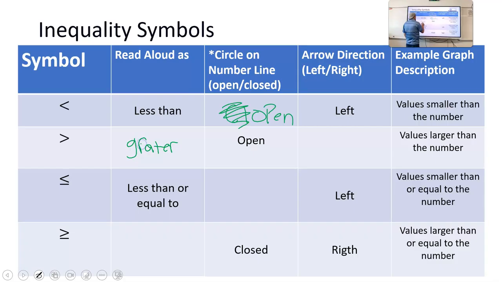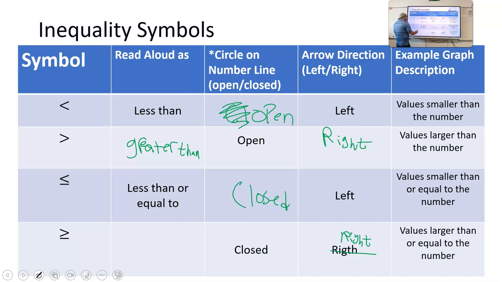Wow, if I can spell. There we go. Greater than. There's a reason why I teach math and not English. It's open and it will be pointing to the right. I just noticed that there too. Anyway, okay. Less than or equal to will be a closed circle going to the left.